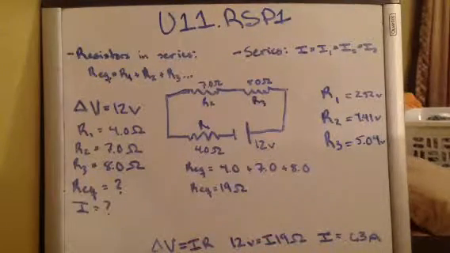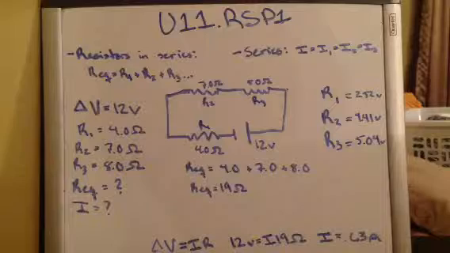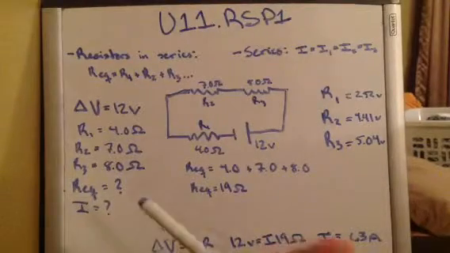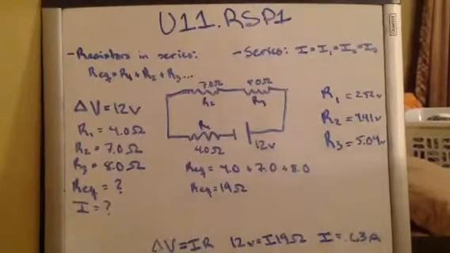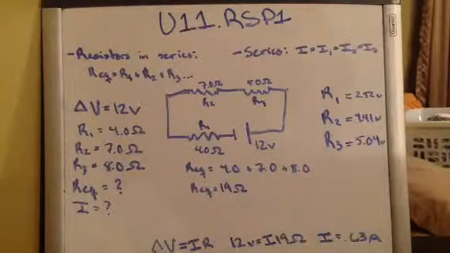So when we work out the problem, we get that the current equals 0.63 amperes. So that means the current in R1 is 0.63 amperes, and the current in R2 is 0.63 amperes.